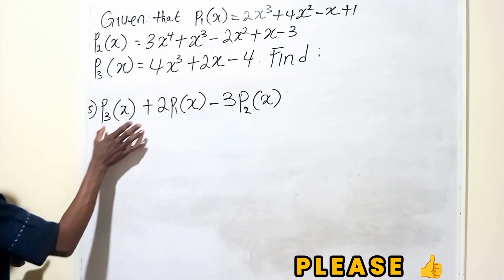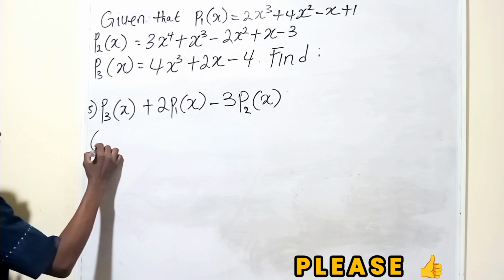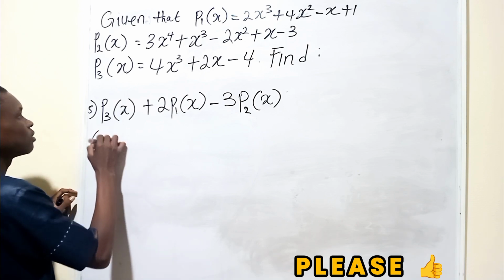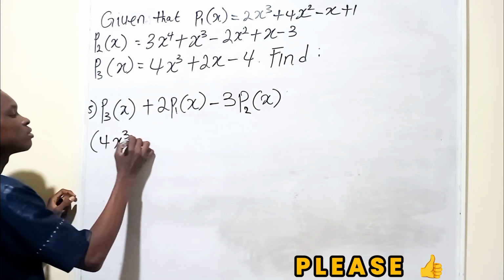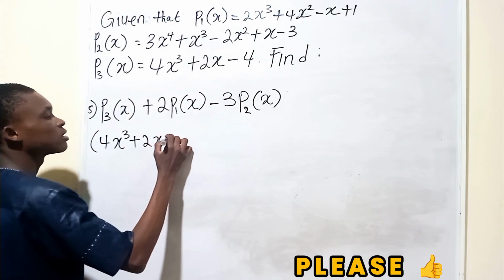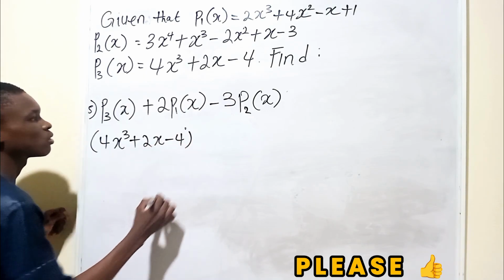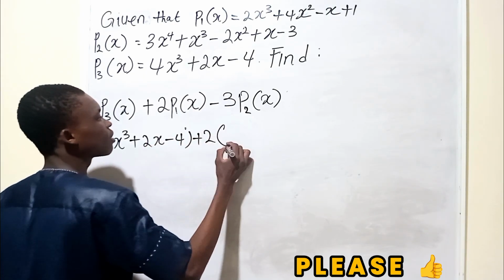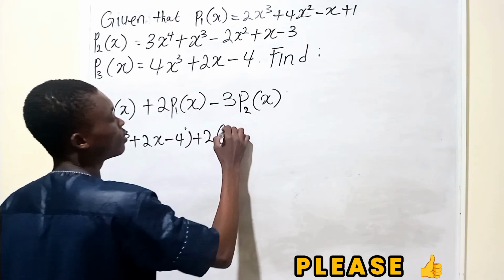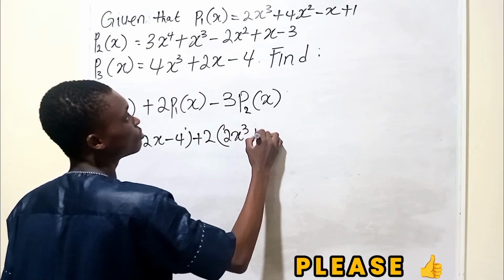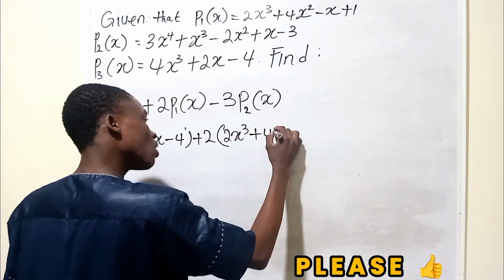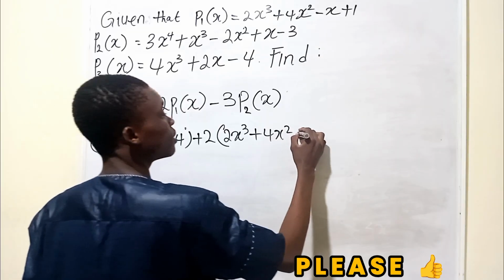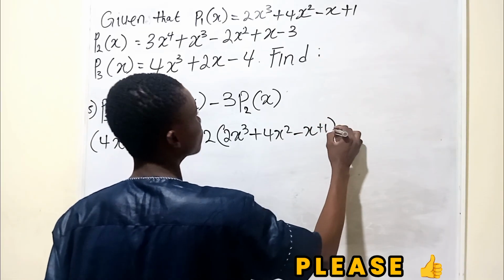Now, first of all, to solve this problem correctly, you must make sure you put them in brackets. So our p3 of x here is, you put it in a bracket first of all, 4x cubed plus 2x minus 4. That's the first one. Plus 2, which is the second one now, P1: 2x cubed plus 4x squared minus x plus 1.